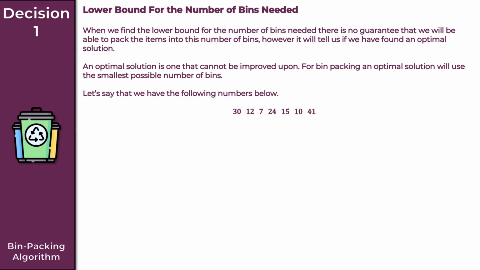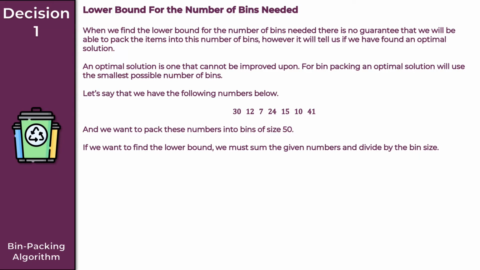Now let's say that we have the following numbers below: 30, 12, 7, 24, 15, 10, and 41. And what we want to do here is pack these numbers into bins of size 50. So to find the lower bound for the number of bins needed, we sum these given numbers and divide by the bin size, which in this example is 50.